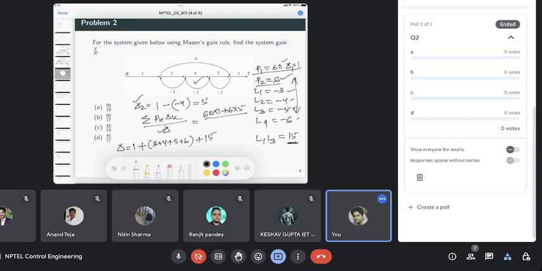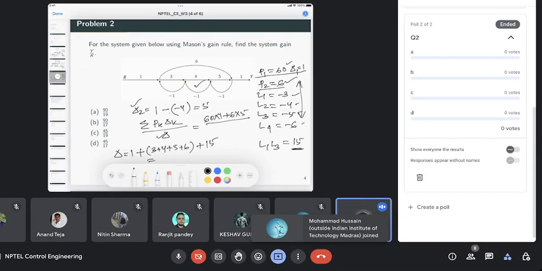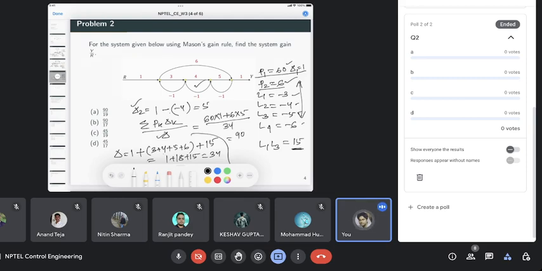So 1 plus 18 plus 15. So we have a total of 34, right? So it is equal to 90 by 34 above, or you can simplify to 45 by 17.